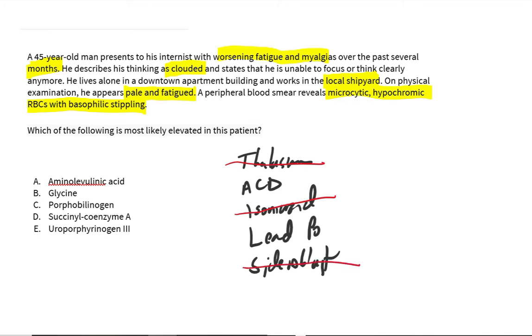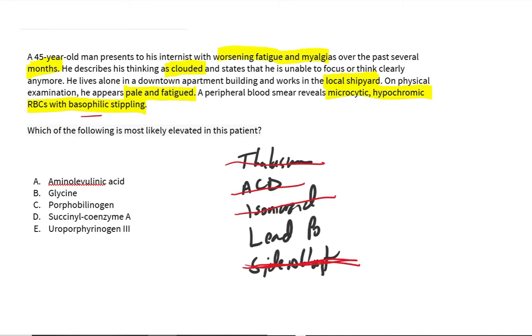Sideroblastic anemia is unlikely, as it would have likely presented earlier in life. So that leaves us with anemia of chronic disease and lead poisoning. Lead poisoning is directly supported by the passage, whereas evidence of a chronic disease is not.